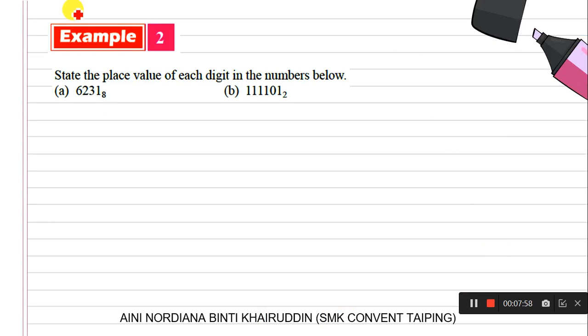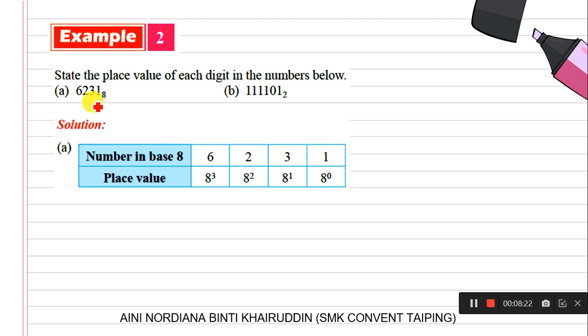Okay, so we'll have a look at example 2. State the place value of each digit in the number below. So we want to state the place value. Okay, so this is base 8. The 8 here represents that this is a number in base 8.